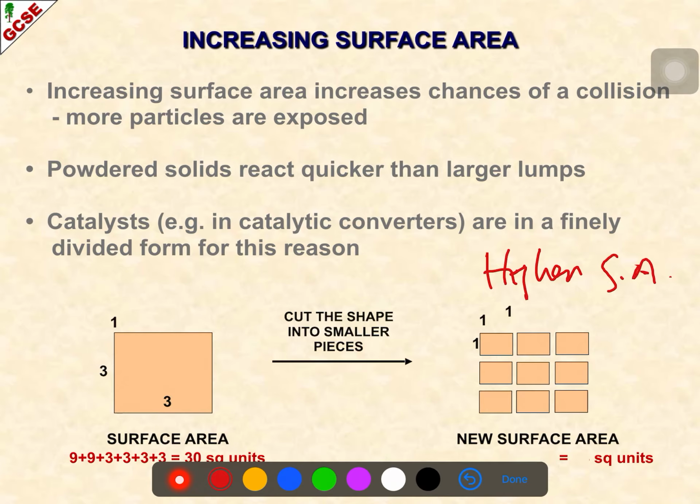So when you slice a big chunk of reactant into smaller pieces, you are increasing what? The surface area. That's why when you are cooking, you slice the vegetables or the meat or the chicken.